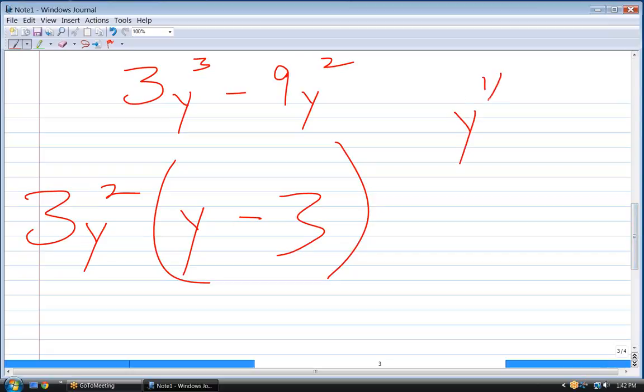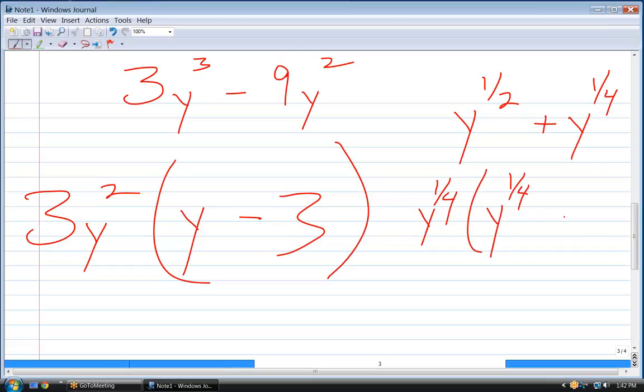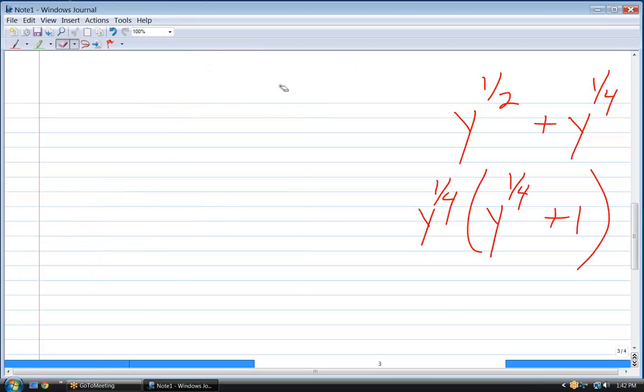So I had y to the 1/2 plus y to the 1/4, and I said let's factor out the y to the 1/4, leaving behind y to the 1/4 plus 1. Is that what you meant? Yeah. So what's the question here? Well, when you had the 3y second power, because I know it's y to the 1/4 on the outside, 1/4 on the inside. When you multiply the same base with different exponents, you add the exponents. Okay, that makes sense. That was my question.